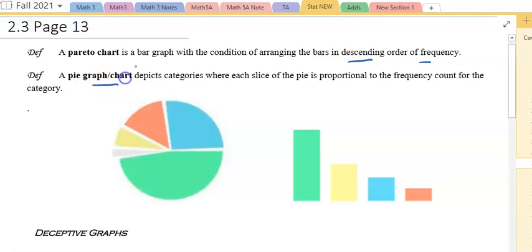A pie chart or pie graph depicts categories. Each slice represents a proportion of the frequency.